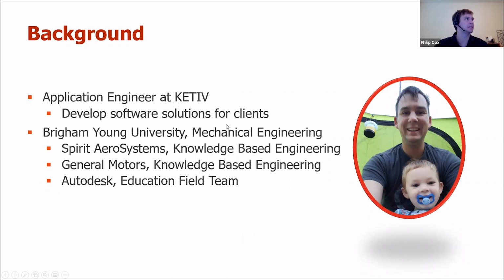It's a blast. I graduated in mechanical engineering from BYU. I've worked for several different knowledge-based engineering groups, Spirit Aerosystems and General Motors, working on automating process engineering and design processes. And I also worked on an education field team, teaching Fusion to professors and students.